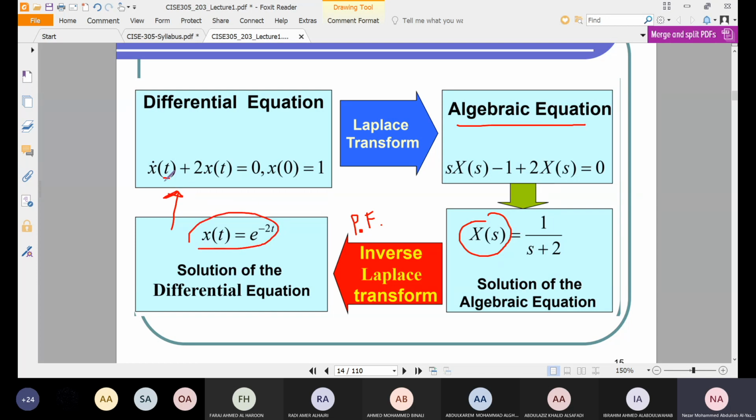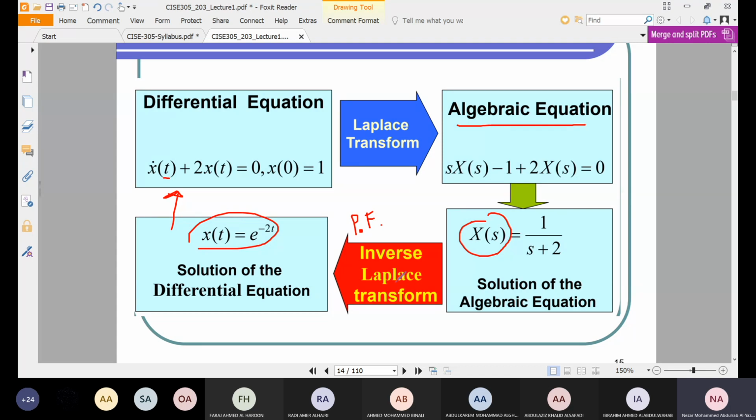So instead of having a direct solution of this problem, which is usually difficult, a differential equation, we use the Laplace transform as a step to avoid the direct solution. This helps us simplify the problem from a differential equation to an algebraic equation, and then we find the solution of the algebraic equation.